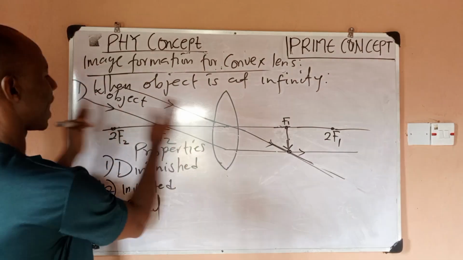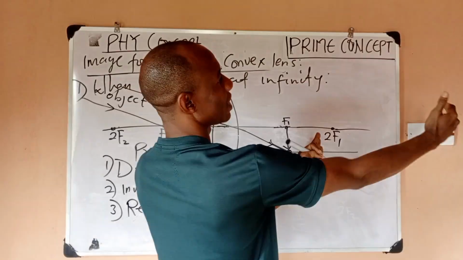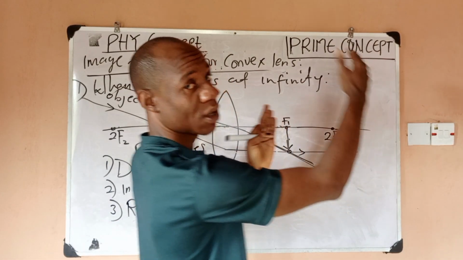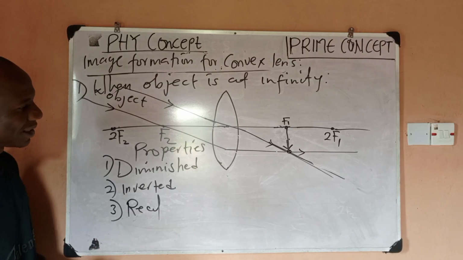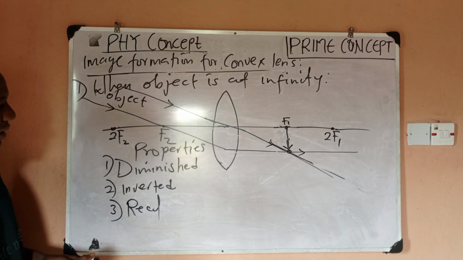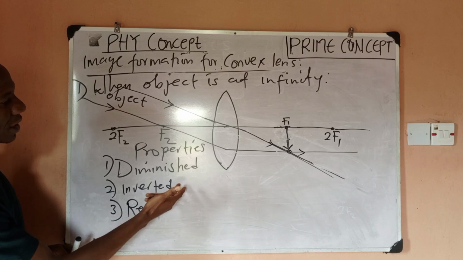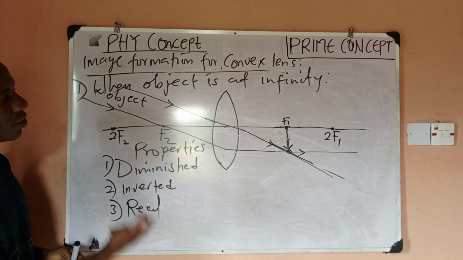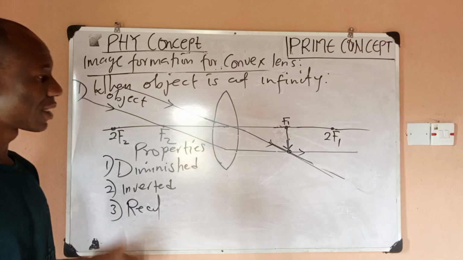So this is where our object would always be located. Anytime your image is formed on this side, it simply means that your image is real. So that is why our image is real. Do we have another property? We have our image is diminished, it is inverted, it is real, right? Yes, and then I think these are the basic properties.